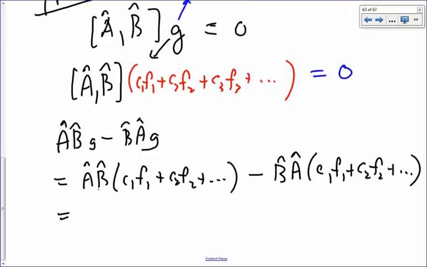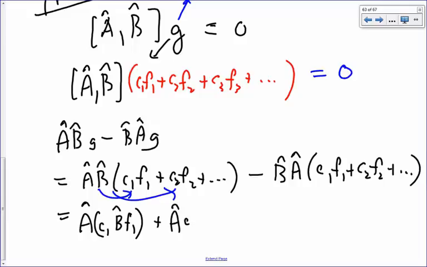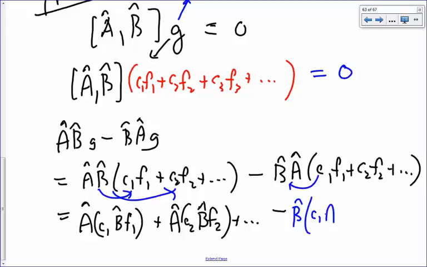You can distribute, right? So that's going to be A hat, and then I can pull out my constant, right? So this is going to be C1 B hat F1, right? Plus A hat C2 B hat F2, right? Plus and so on, minus over here, I'm going to have B hat, and then I can pull out my constant, so C1 A hat F1, right?